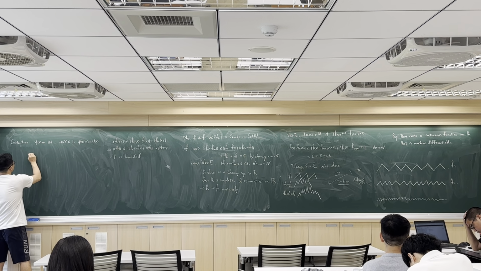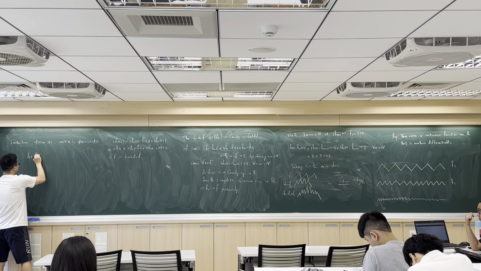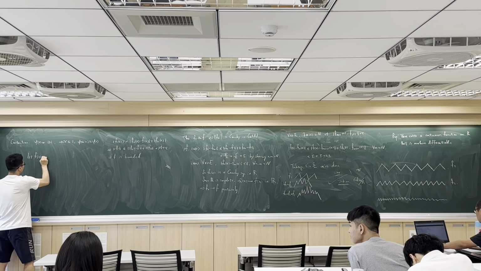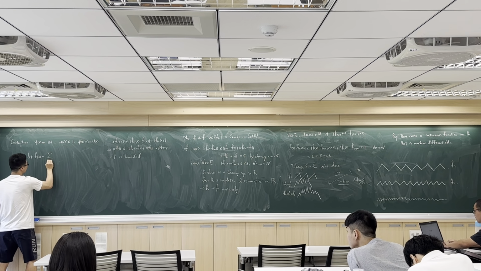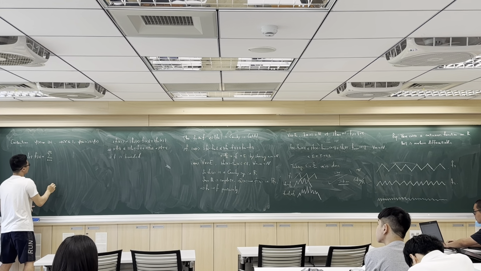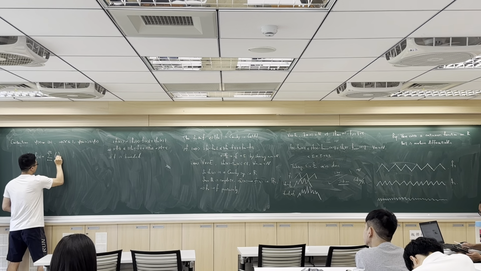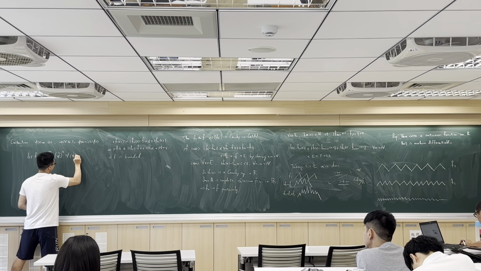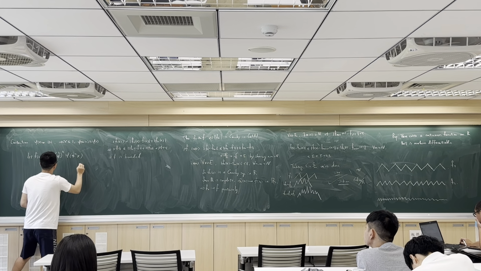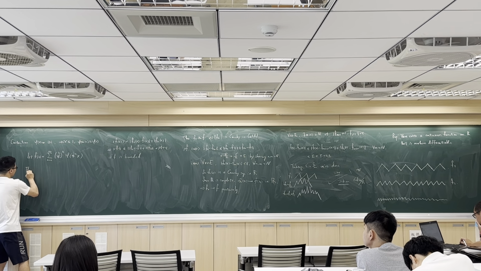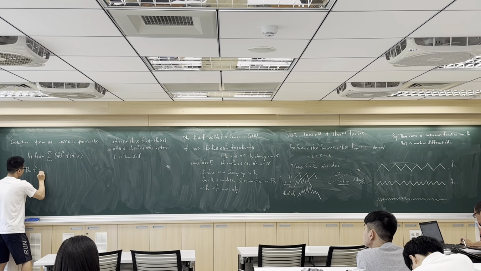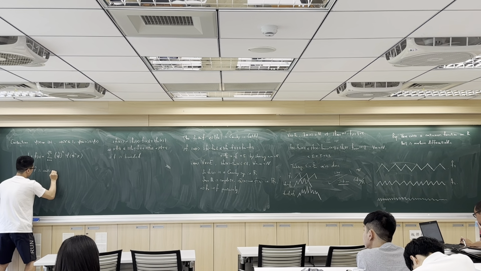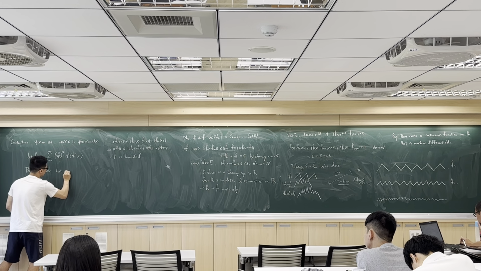Then with that, f equals the sum of (3/4)^n times the extended function evaluated at 4^n x. Then f is continuous but nowhere differentiable.